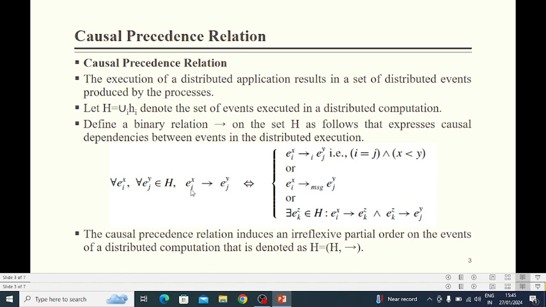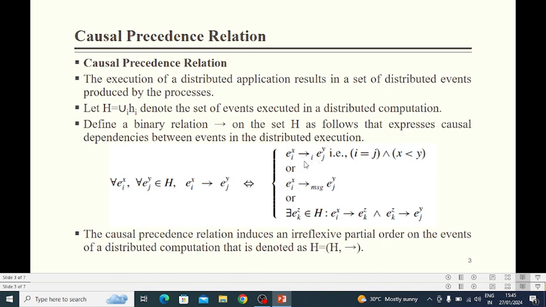Here, the xth event of process Pi happens before the yth event of process Pj implies we have three conditions.